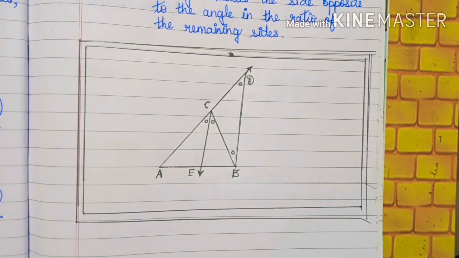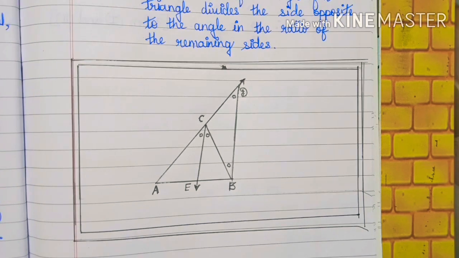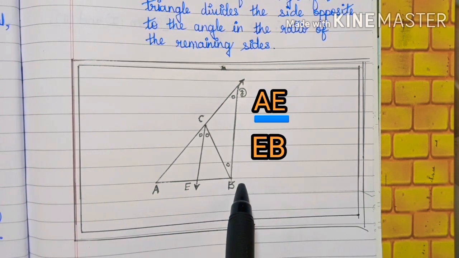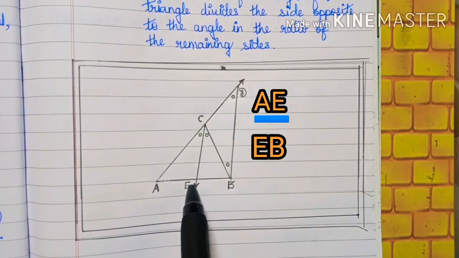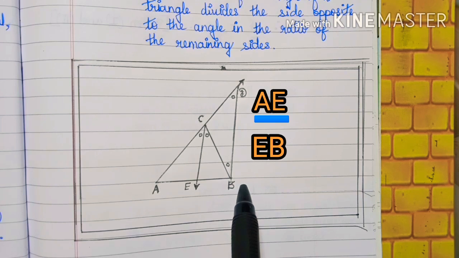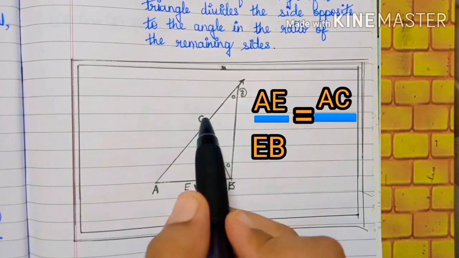That was the given part. The to prove part tells us that AE upon EB, that is the side intersected by the bisector and divided into two parts, is equal to the remaining two sides AC upon CB.